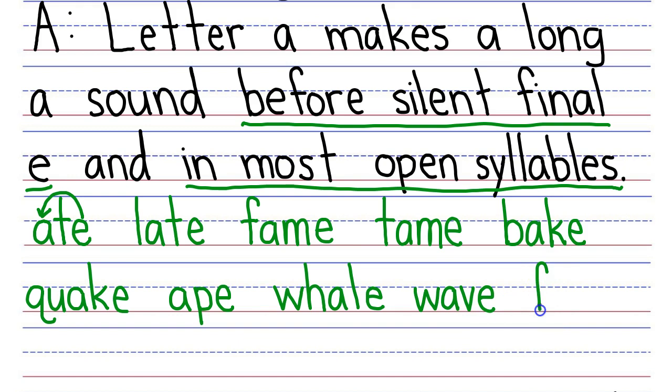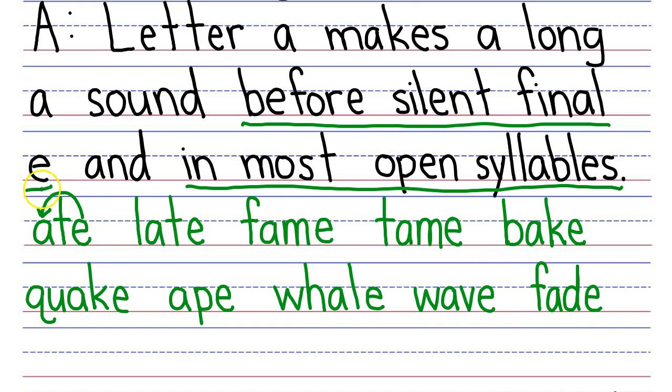We have an F that says F, an A that says A, a D that says D, and a silent final E. F, A, D. Fade. So these are 10 examples of where letter A makes a long A sound because it's coming before silent final E.